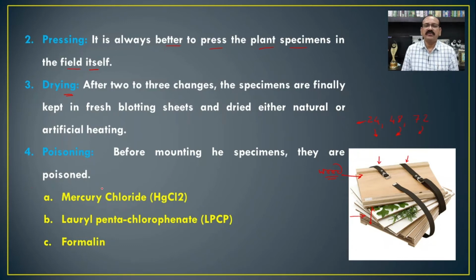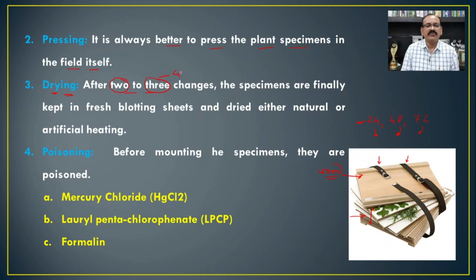So up to 3 to 5 changes will be needed for the complete drying of the specimen in the plant press. Usually 2 to 3 changes are not sufficient for the complete dryness.